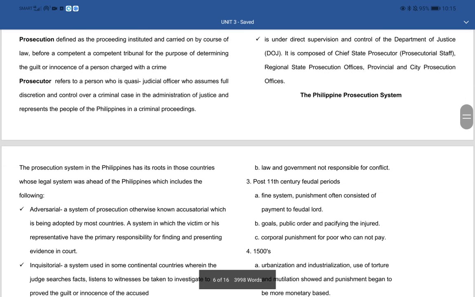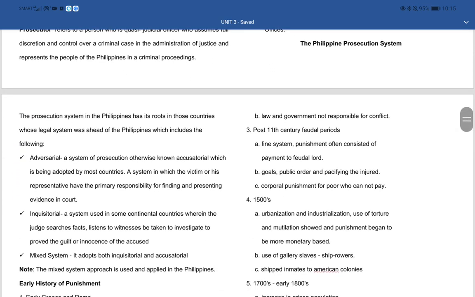So we have here adversarial and inquisitorial. Anyways, we are adopting a mixed system, meaning we are using adversarial and we are also using inquisitorial. So what is this adversarial?